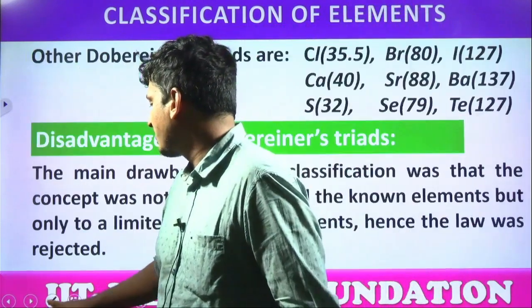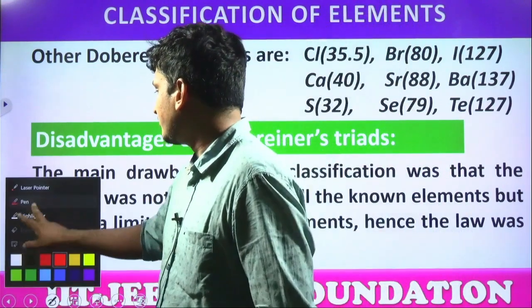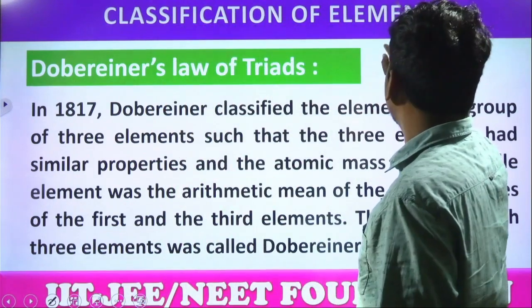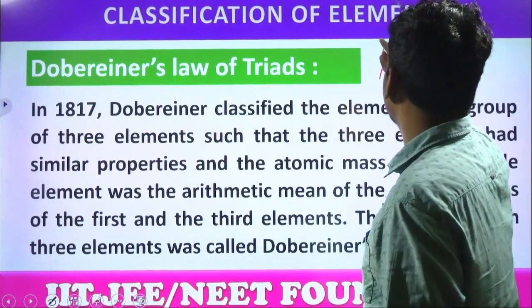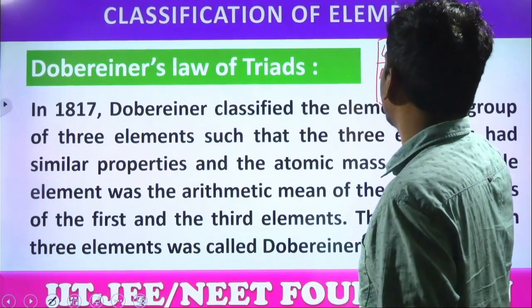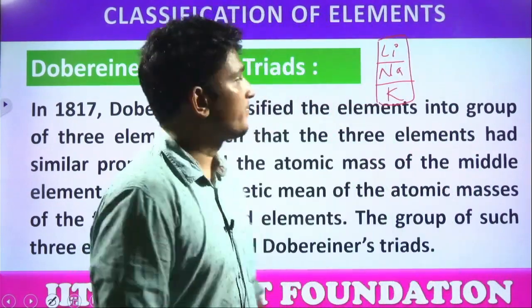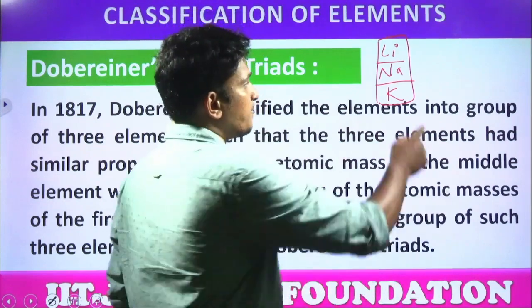The relation he gave is, students, first of all, I'll show you the elements. For example, lithium, sodium, potassium. He classified these 3 elements in a triad. Other triads are also there, mainly this triad. So in this triad, students, he said the atomic mass of the middle element in a triad.